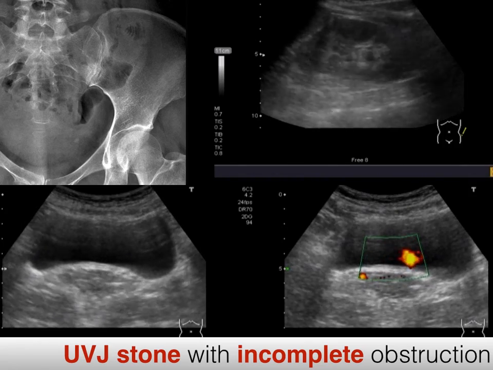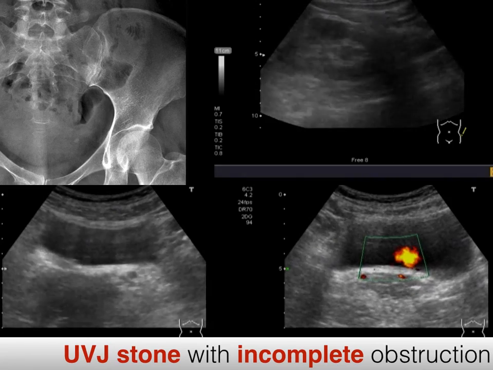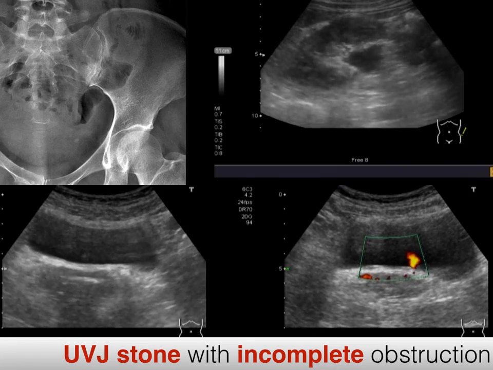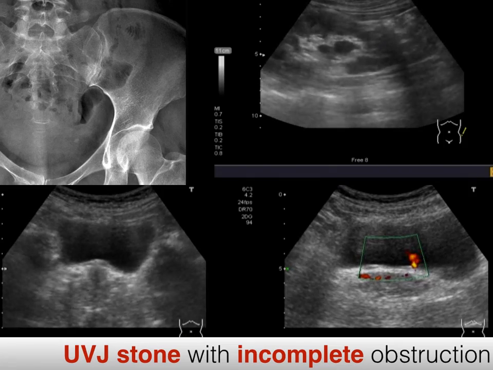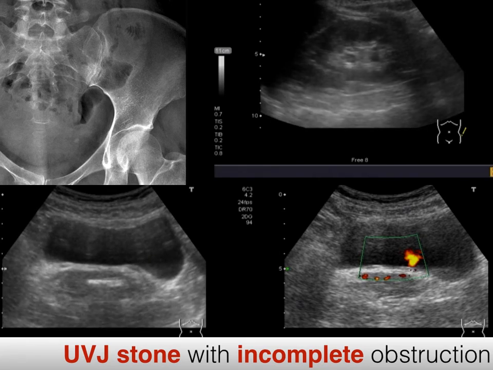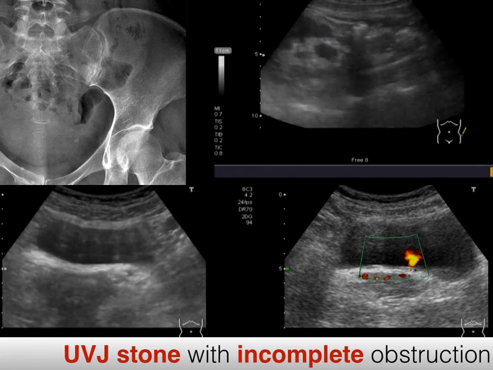Sometimes we can see a dilated ureter. If you are trying to locate the obstruction site, you can check the UPJ, the iliac vessel region, or even the ureterovesical junction here. You can find a stone obstructed here.